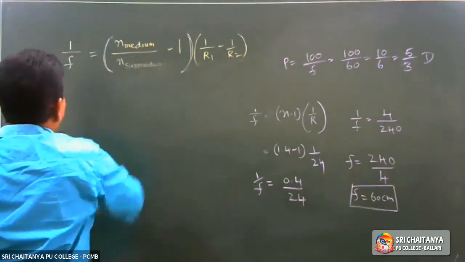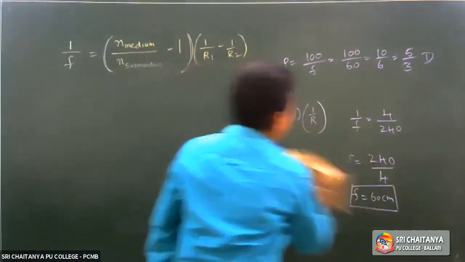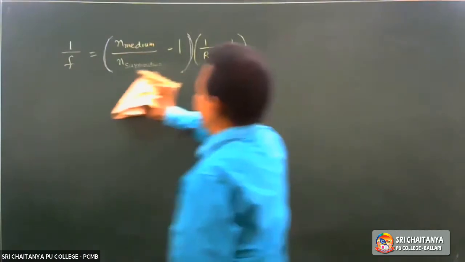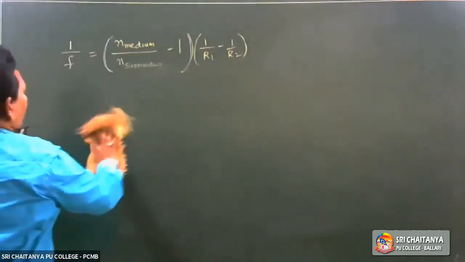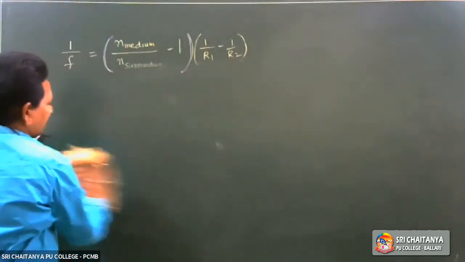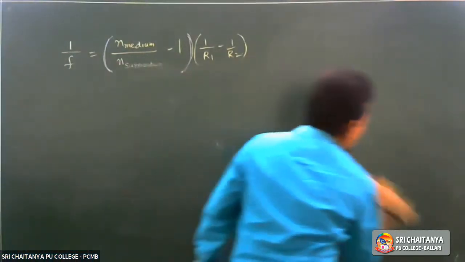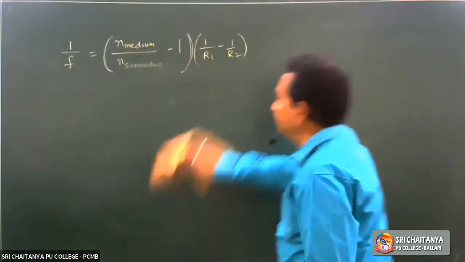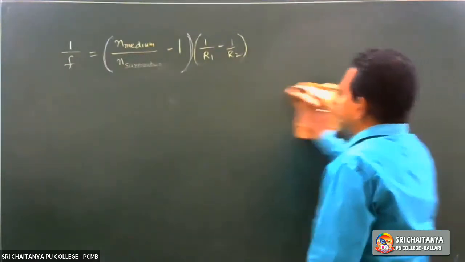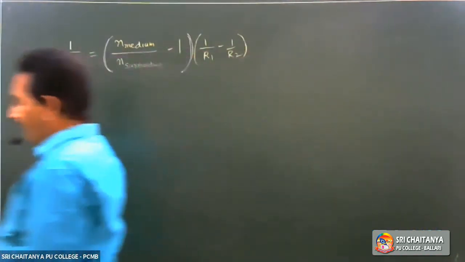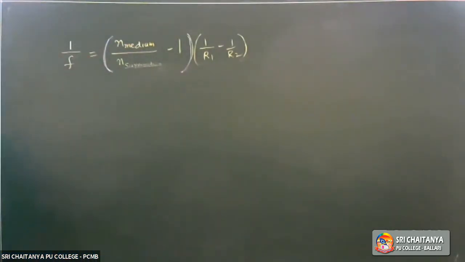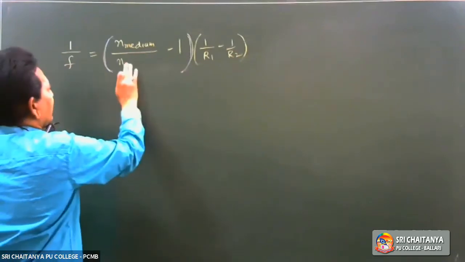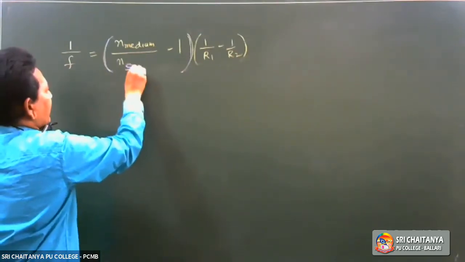Formula: 1 by F is equal to (N of the material divided by N of surroundings minus 1) into (1 by R1 minus 1 by R2). Standard formula. This is N of surroundings.